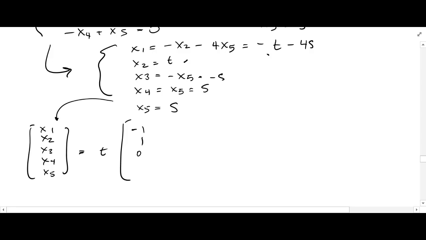For the s's, you have negative 4, 0, negative 1, 1, 1. And these two vectors are called special solutions in the null space.